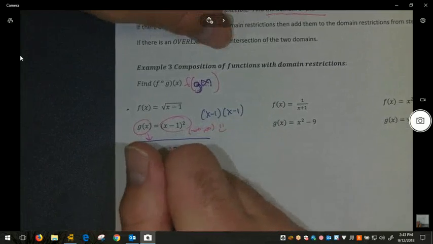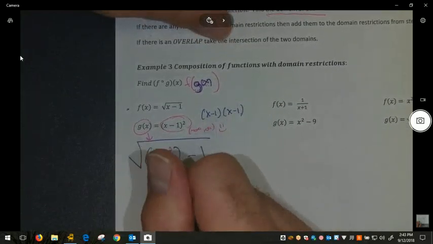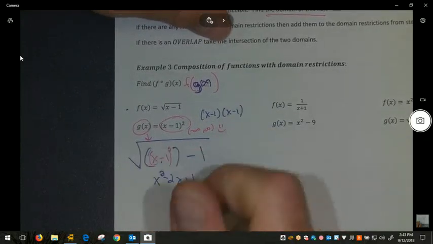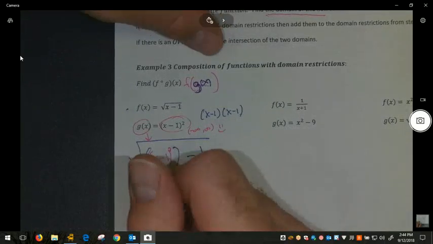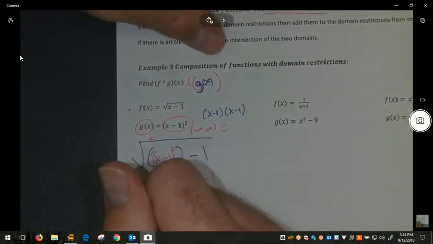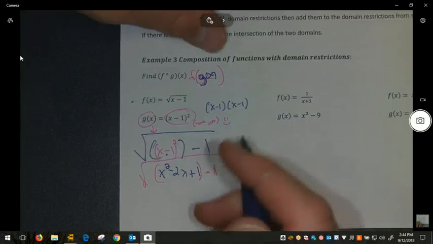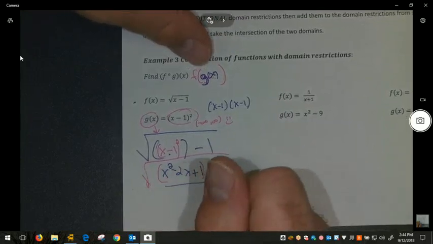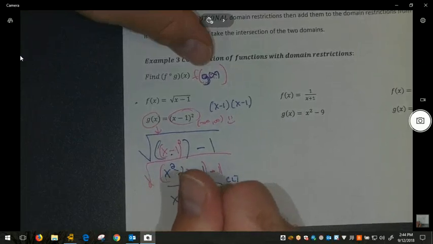So as I do this, I have x squared minus x, so that's minus 2x plus 1. Well, that's what I get after I square that, and I still have this square root and minus 1 that is around the function. So now when I combine like terms, I have the square root of x squared minus 2x.